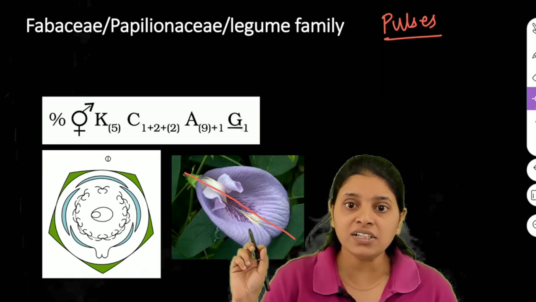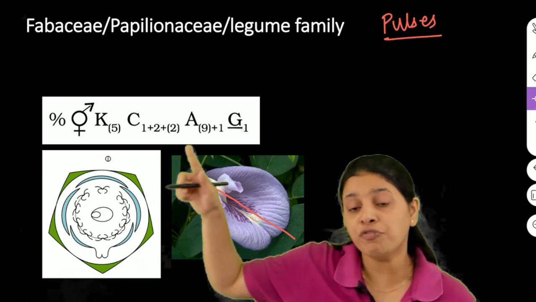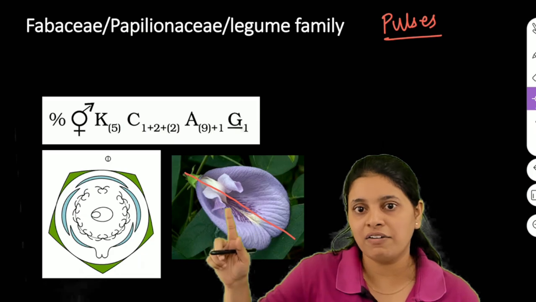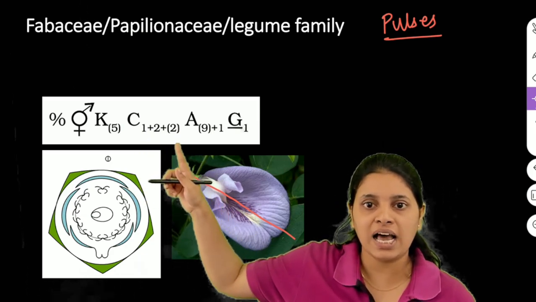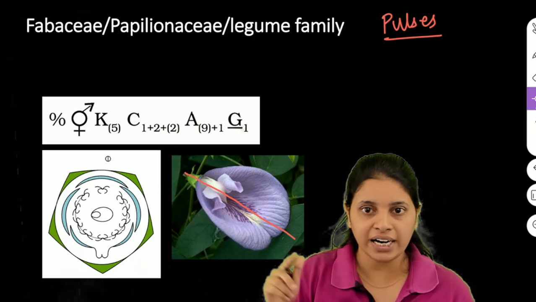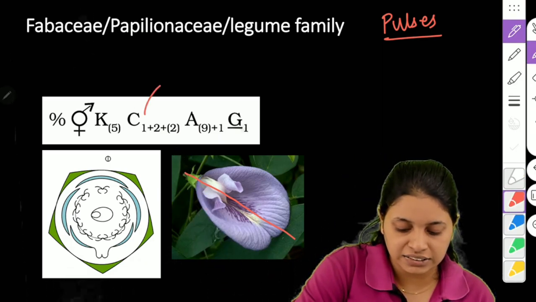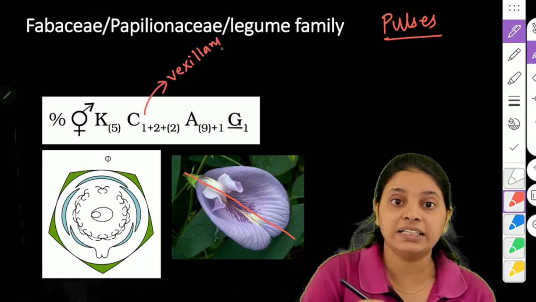Due to the characteristic arrangement of the petals, if you compare it with the types of estivation, you must have understood that this is C 1 plus 2 plus 2, and these last two petals, the keel, those two petals are fused. This is vexillary estivation.